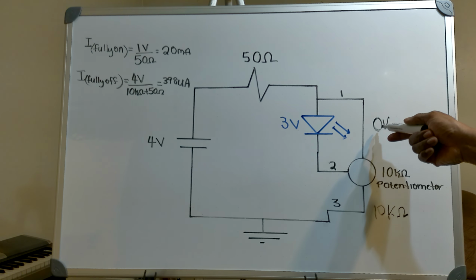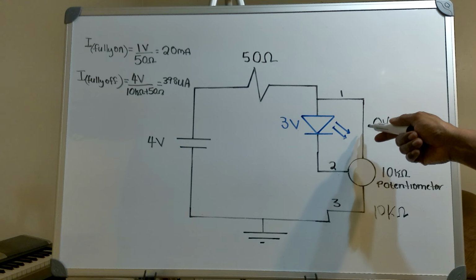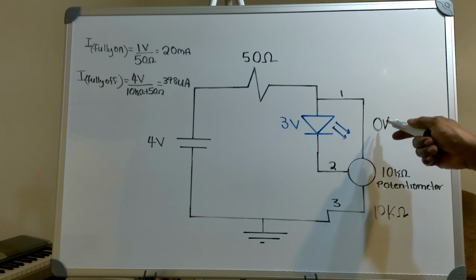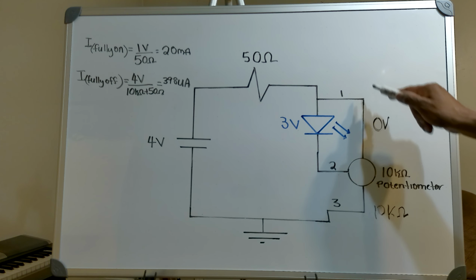So 0 volts here, or a very low resistance, means that I've got pretty much a short here.